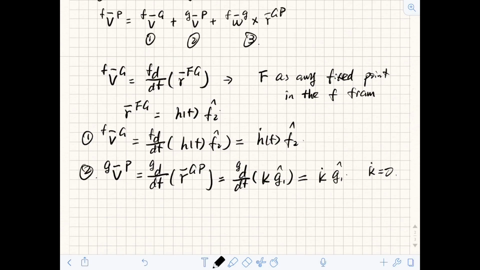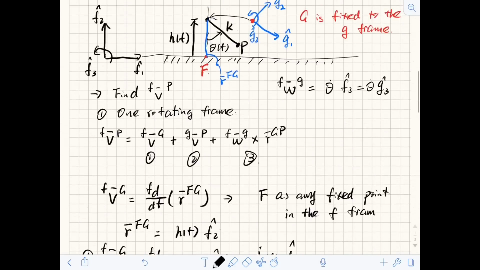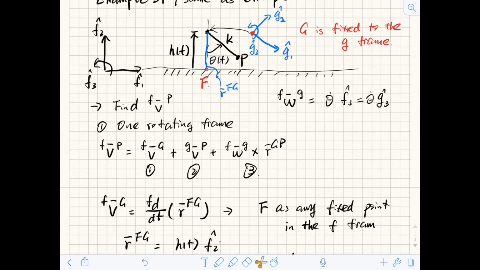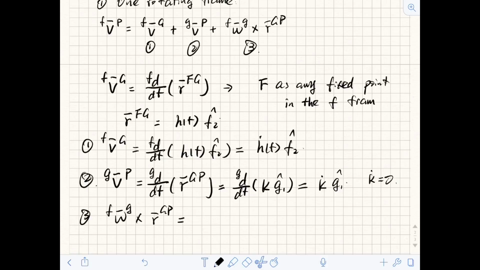Now the third term, which is the angular velocity of G cross the position vector GP. As we have shown before, the angular velocity is theta dot G3 or theta dot F3. We will choose theta dot G3 because the position vector is expressed in the G frame as well.